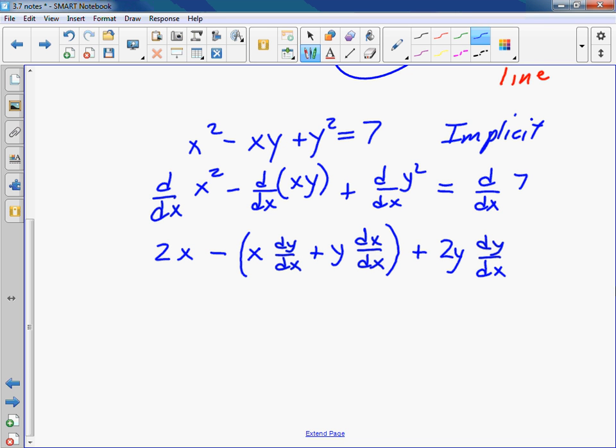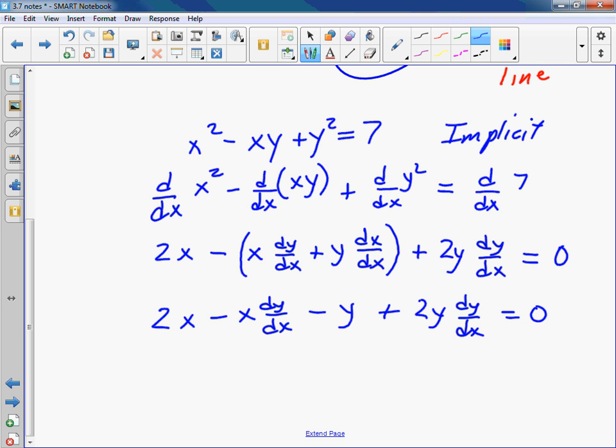And then the derivative with respect to x of 7 is 0. Okay, so let's keep going and clean this up a little bit. So we get 2x minus x dy dx minus y dx dx, which is 1, plus 2y dy dx equals 0.